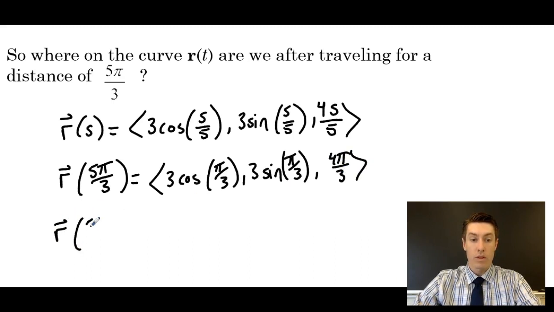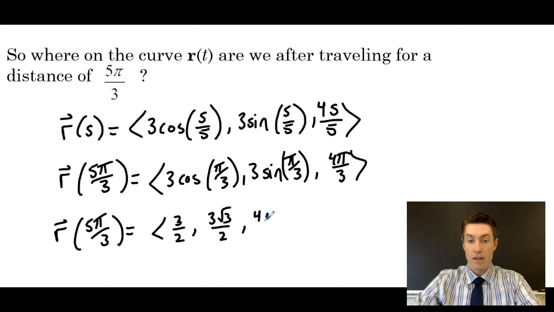So simplifying with the trig ratios that we know, this would be 3 over 2, 3 root 3 over 2, and 4 pi over 3. So this is the point defined by this vector that we'd be at on the space curve after traveling a distance of 5 pi over 3.